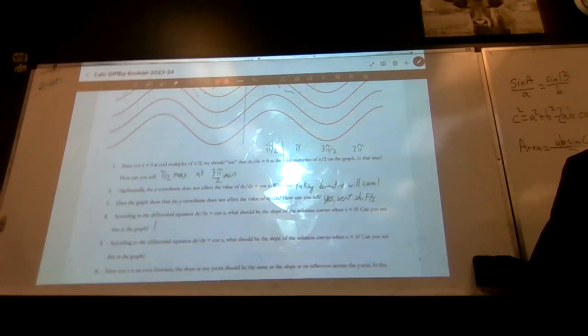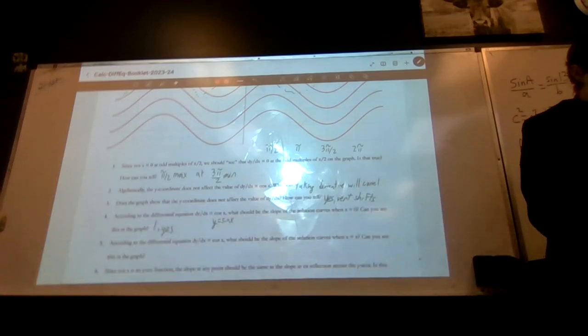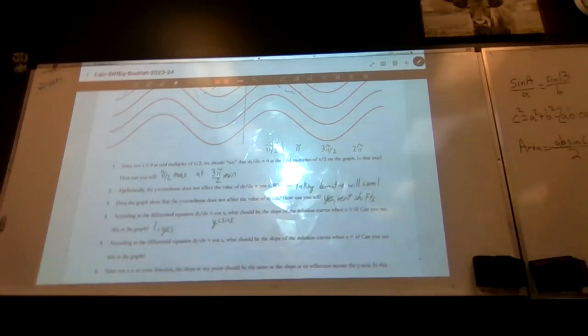And why is that? Well, because we know that y equals sine of x. The solution curve has a slope close to 1 at 0.